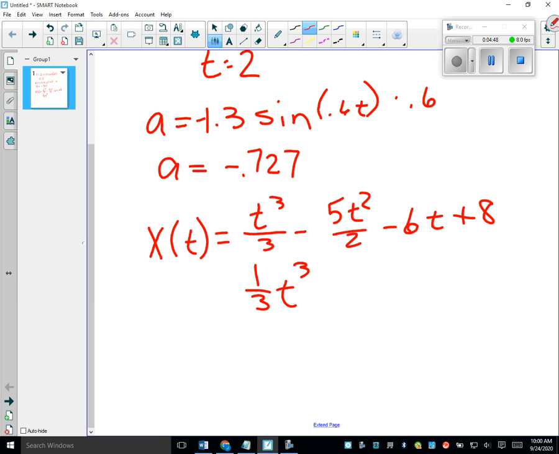You guys have to know that. 1/6. Negative 1/6?